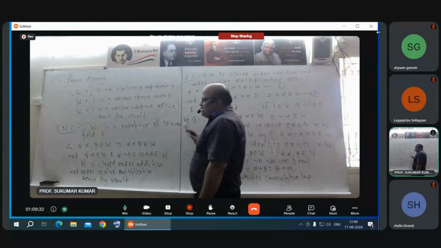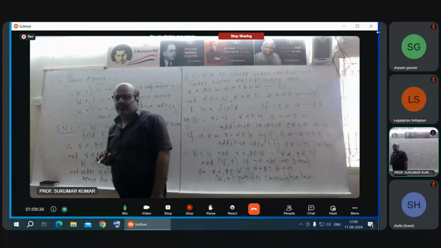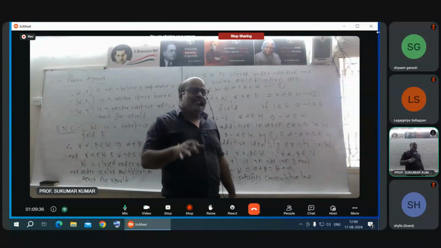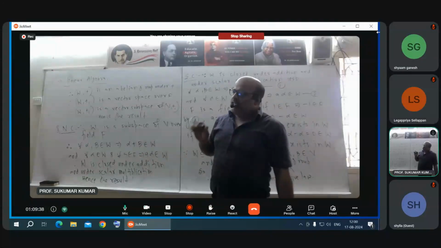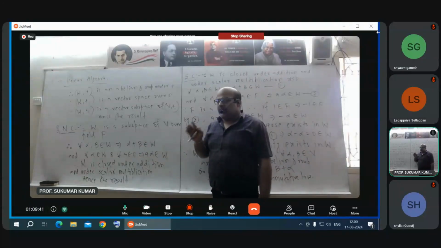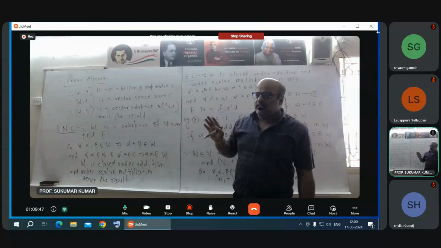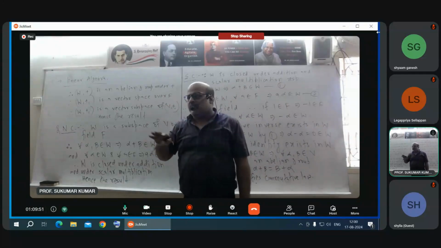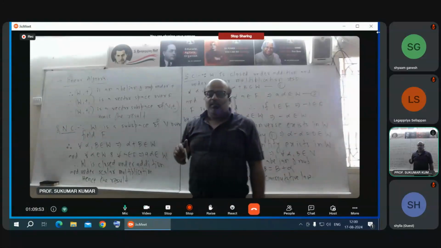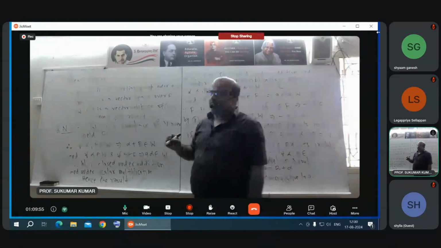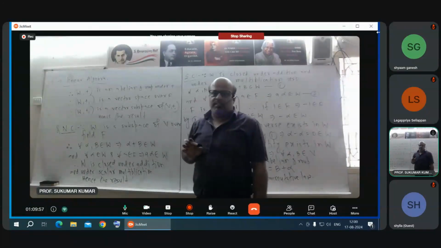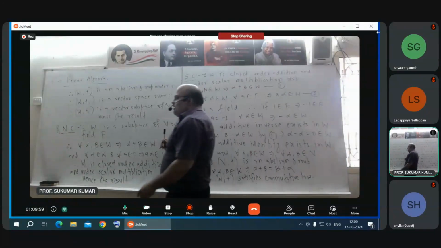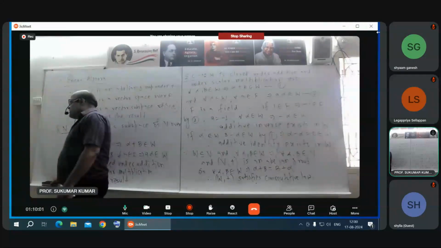So finally W is a vector subspace over the field F. So anywhere you do subspace verification, only two properties need to be satisfied: closed under addition or not, closed under scalar multiplication or not. If you get a contradiction, then it is not a vector space. No need to think about all the properties under addition. But if you are writing vector space, then you have to satisfy all properties. Okay? Not for subspace, only for space.